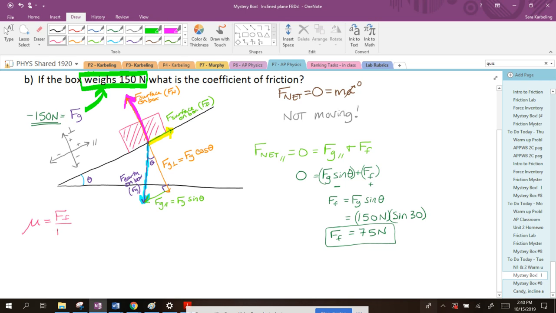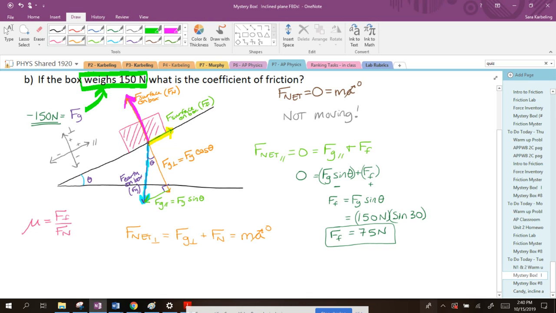And you know Fn, since the net force is 0 in the y direction because it's not accelerating. You know the Fg, or you have to find Fg perpendicular, and it's going to equal your Fn. And then you already know your FF, and then you just find it.